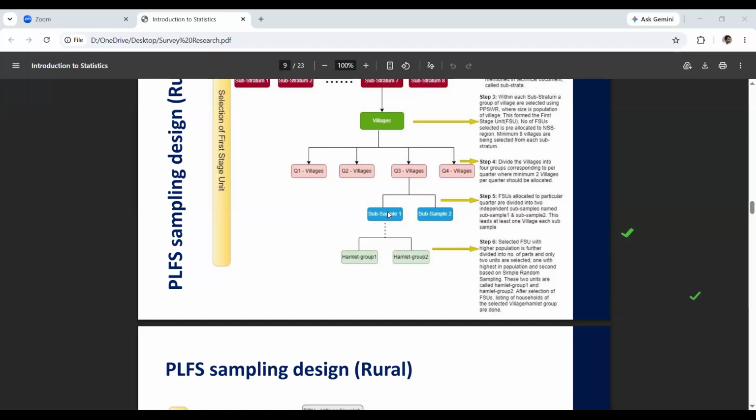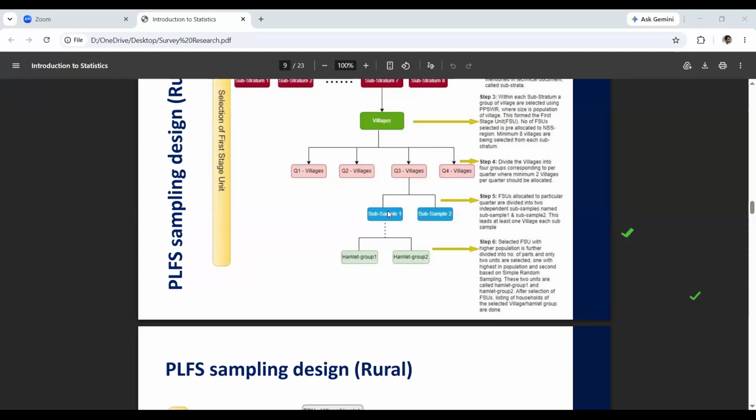Now the PLFS team makes a visit to this Rampur village, and they contact different knowledgeable persons from this village, mainly officials and senior teachers, in order to get an estimate of the total number of households and population in the village. If the total number of households and population is larger than a threshold, say population is more than 500 or 600, the village is divided into different hamlet groups, and 2 hamlet groups are selected for further process.